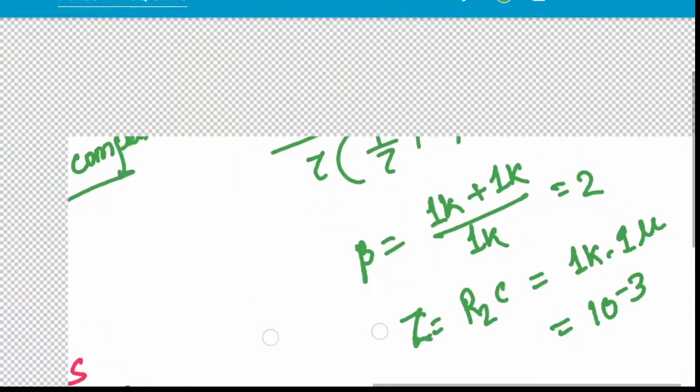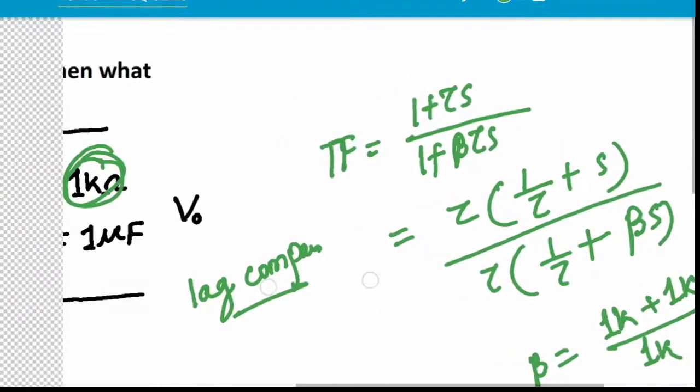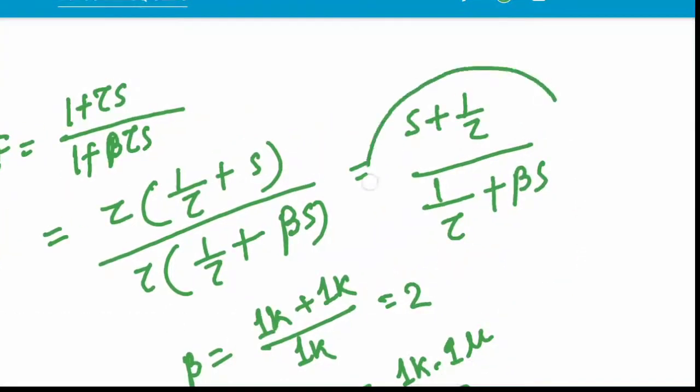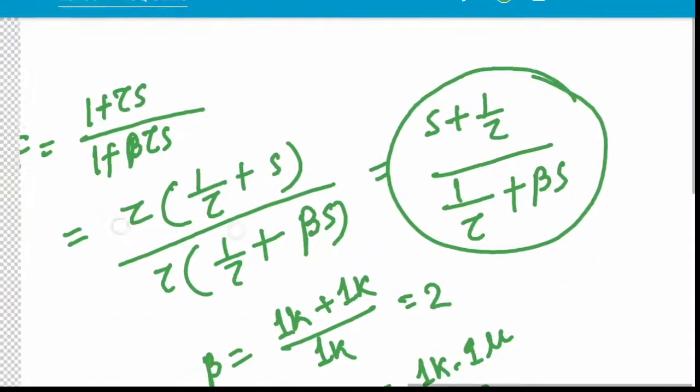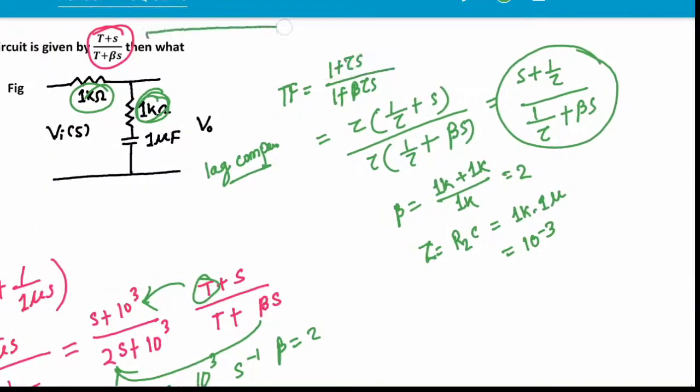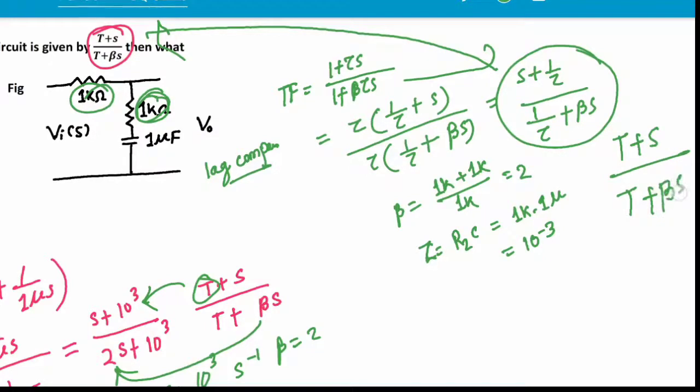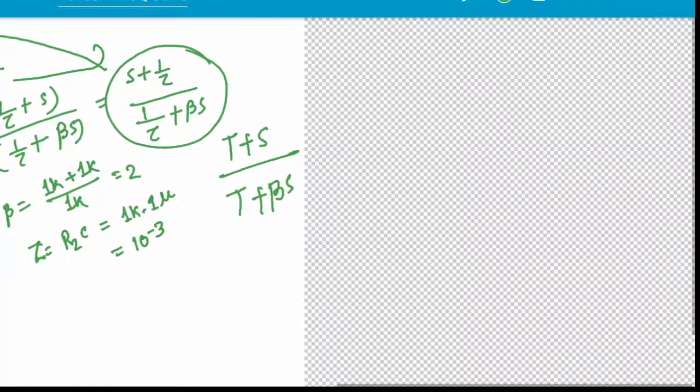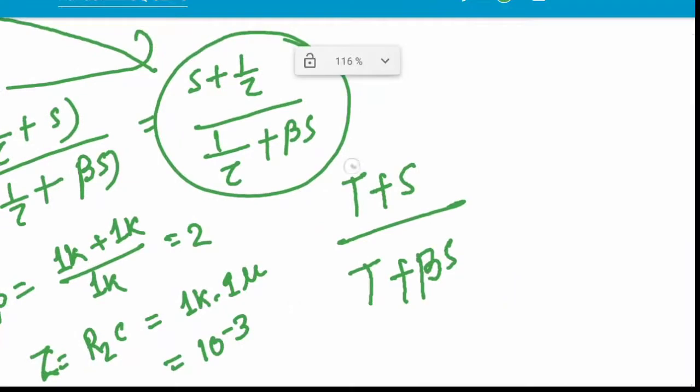And here this transfer function is comparable to the given one. What is the given one? T plus S by T plus beta S. That means, what is T?